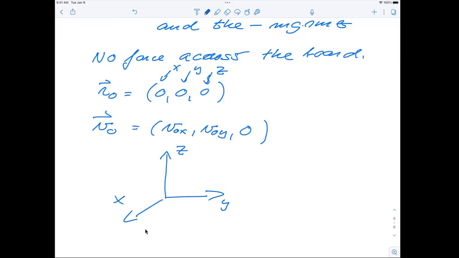You would have the gravitational force pointing downwards, minus g, and a normal force which acts perpendicular to the board, which is N. And then we would have the force in the x and the y direction.